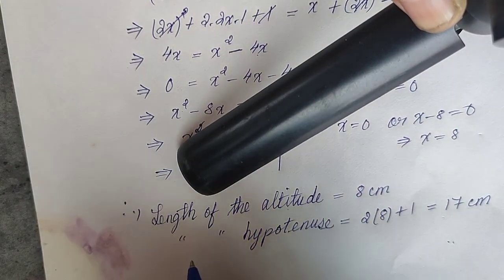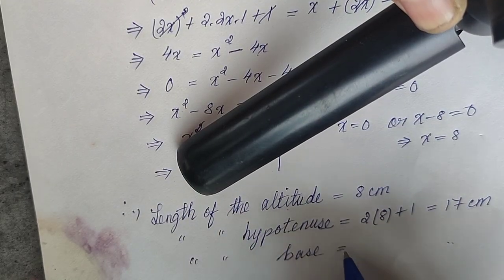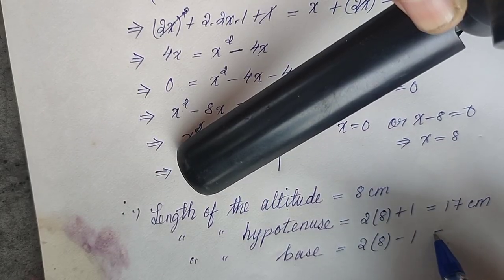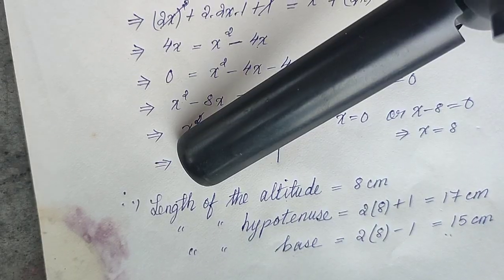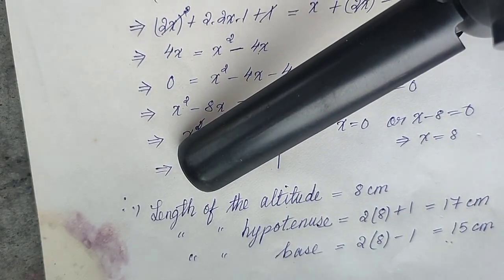The length of the base 2x minus 1 is 15 centimeter. So the altitude, hypotenuse and base of the right triangle are found. Now we will look at question number 17.